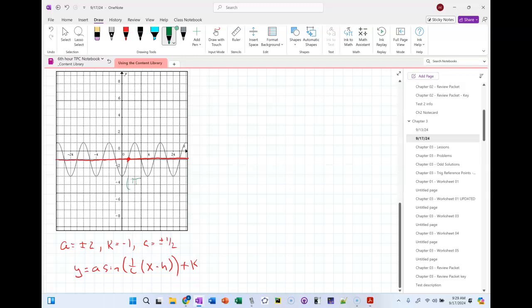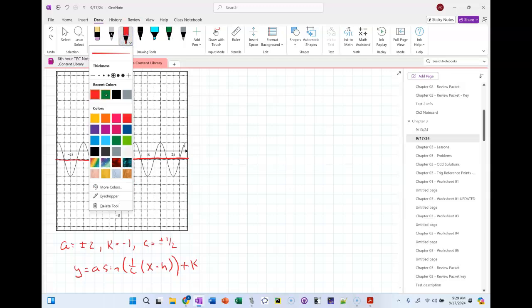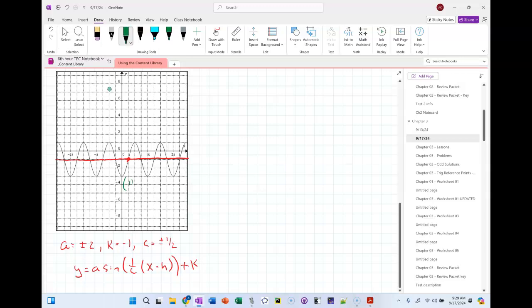So that point is pi over 4, comma negative 1. This pi over 4 is just going to be our h.